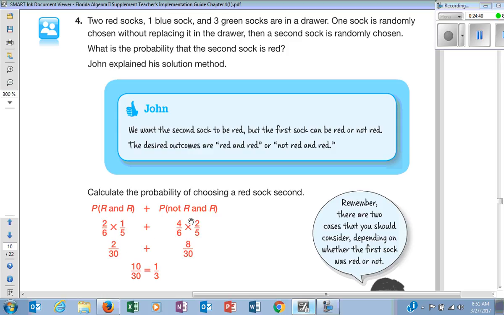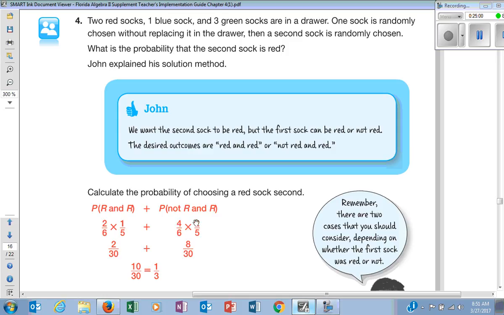What's the probability of not a red? Well, there's 2 that are red, so that means there's 4 that are not red. So 4 out of 6 is the probability of pulling a not red for the first sock. Then for pulling a red for the second one, I assume I pulled not a red, so I pulled a green or a blue sock.